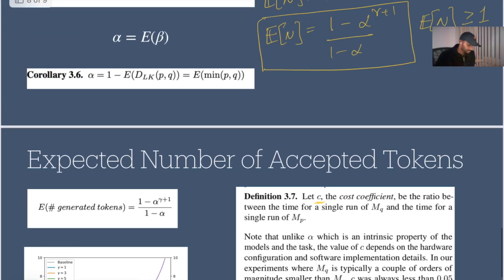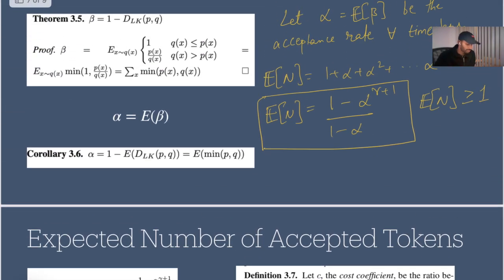So theoretically, even if we use n-gram models with extremely low alpha values, we might still end up getting more tokens per target LLM call. So that's a suggestion that's made in the paper. And they perform experiments too by having an n-gram model for MQ instead of a transformer, which also surprisingly, or maybe not so surprisingly, yields results that are better than running MP alone.